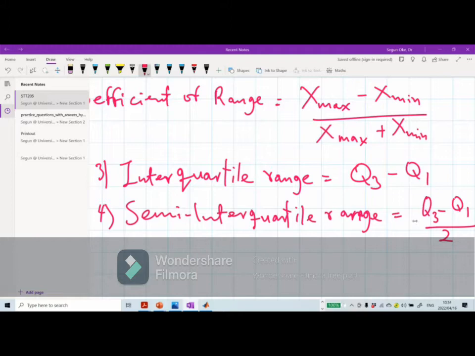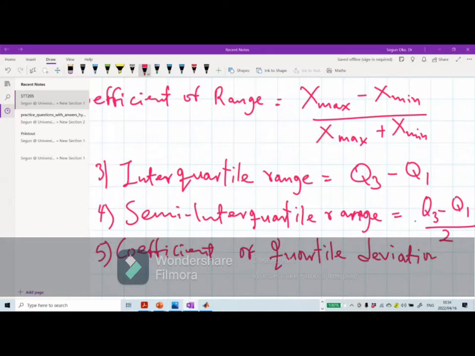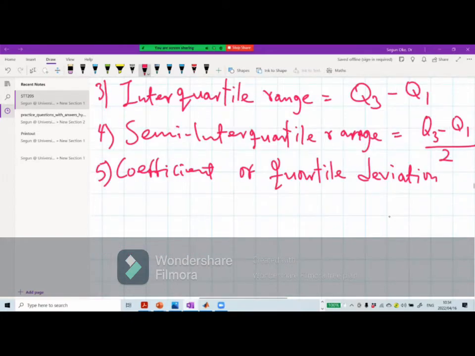They can also ask us number 5, coefficient of quartile deviation, which is what we call Q3 minus Q1 divided by Q3 plus Q1.